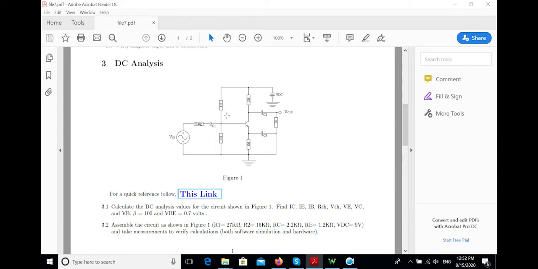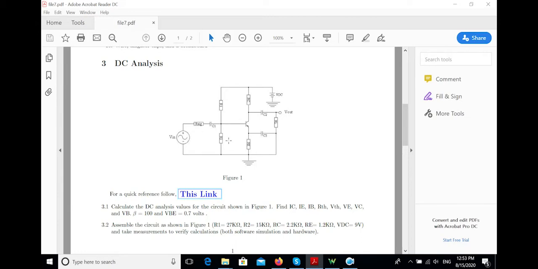So for example, R1 is built from a 20K resistor, a 6.8K resistor, and 200 ohm resistors in series. Then R2, which is the 15K, is built of one 10K resistor in series with two 10K resistors in parallel.